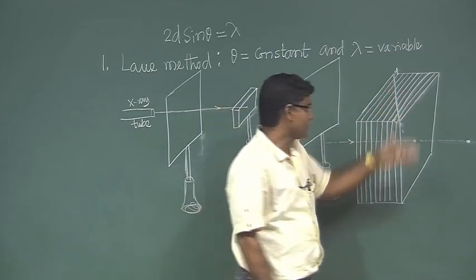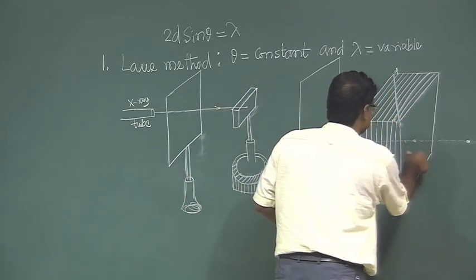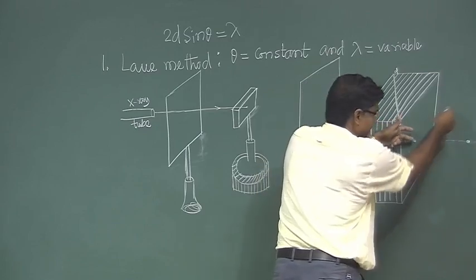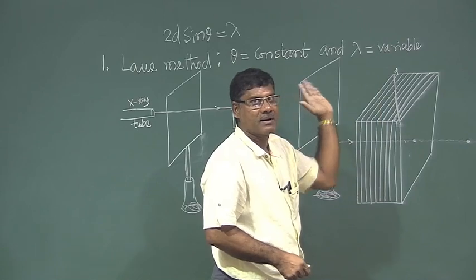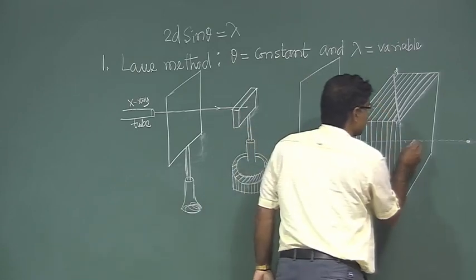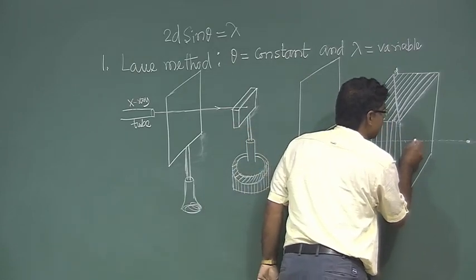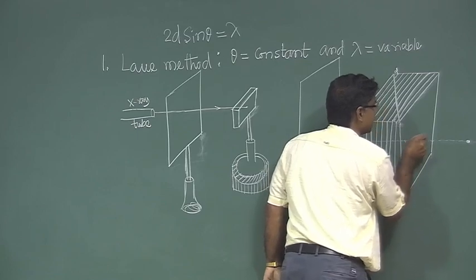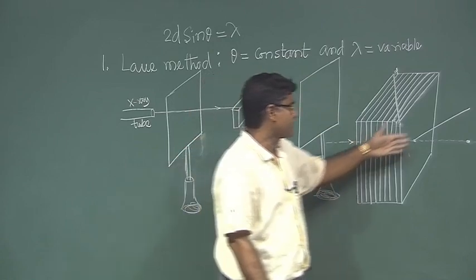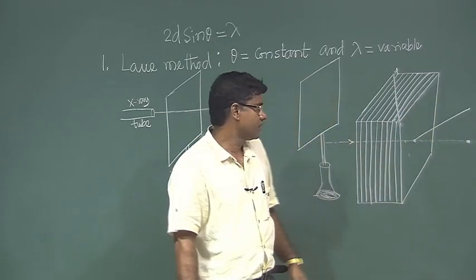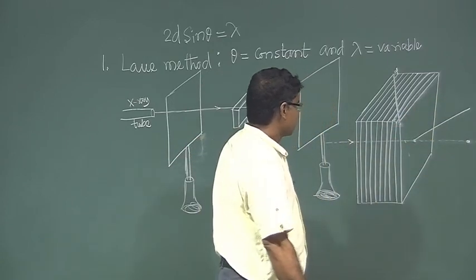So the reflected one will also be at angle theta. Either it can be this side or the other side, depending on the inclination of this plane. So let us say this will be one diffraction direction, the reflected light.